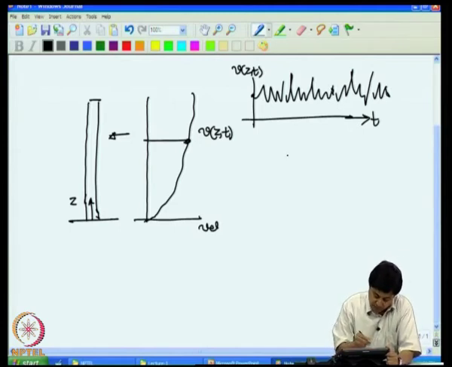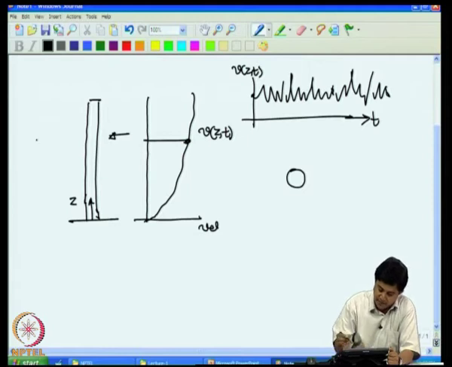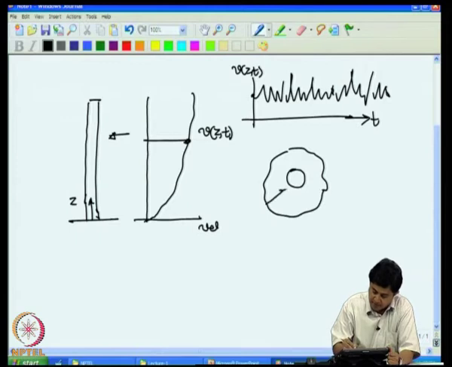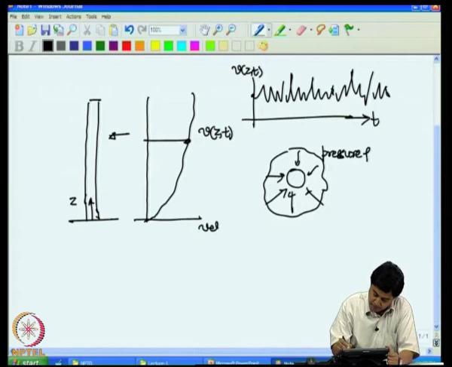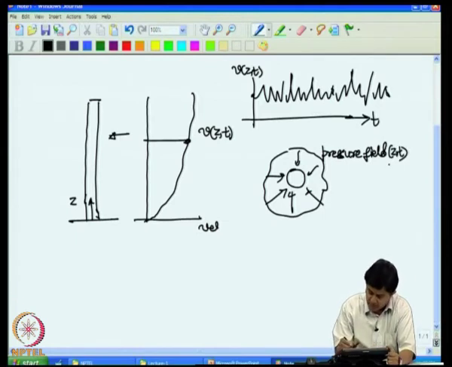Now, if I look at this chimney in plan, imagine this is a cylinder. So, there is a flow past this cylinder, and because of which there will be some pressure field that will be set up, which acts on the structure. This is the pressure field. This pressure field is a function of both z and t, and if you integrate this pressure field over this surface, you will get a force.